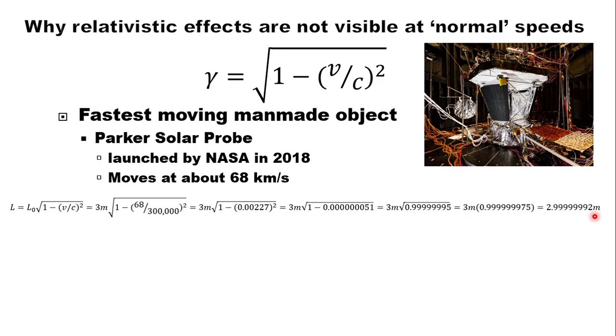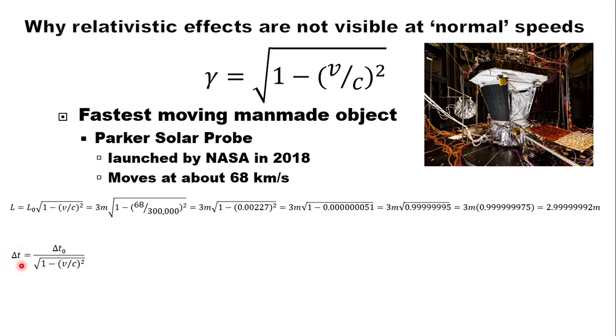At ordinary speeds, the speed of a racing car, the speed of an airplane, the length contraction is even smaller than this. And this is why we don't notice it at the speeds that we're familiar with. The same sort of thing happens to the change in the time on the Parker Solar Probe's clocks.